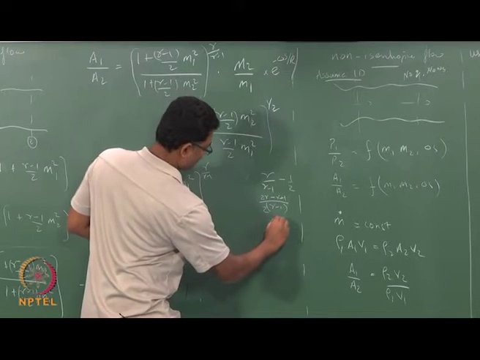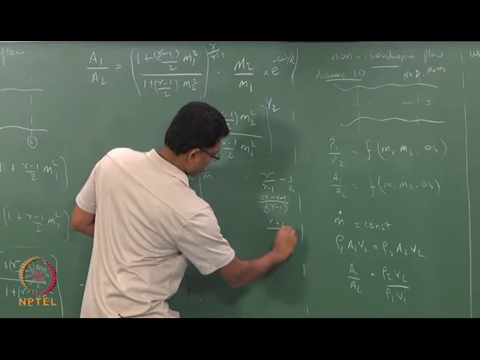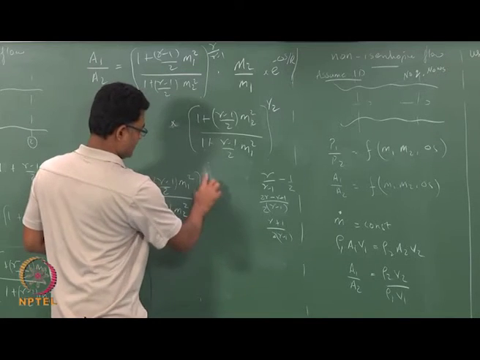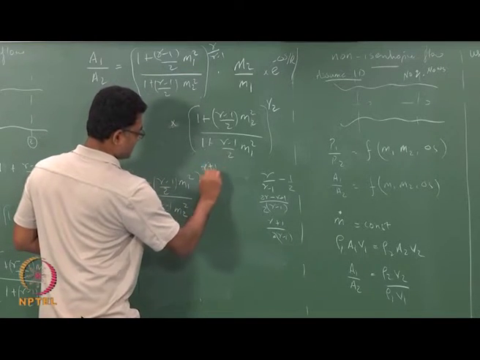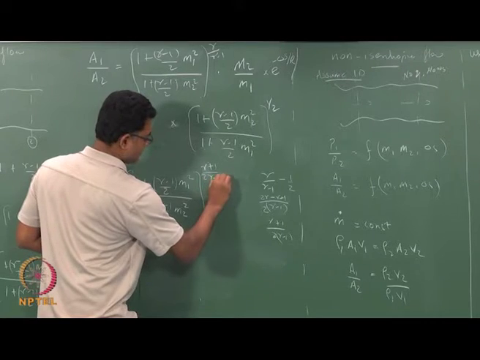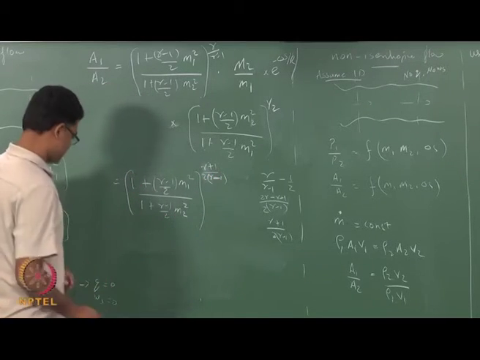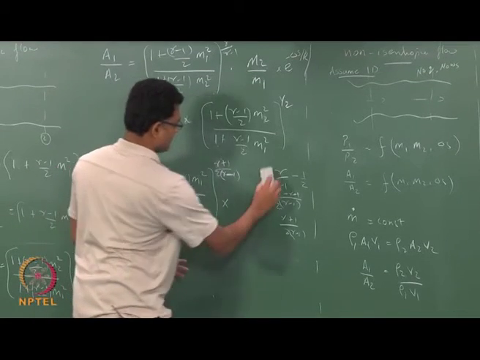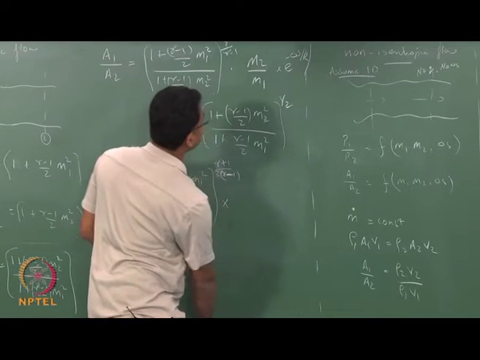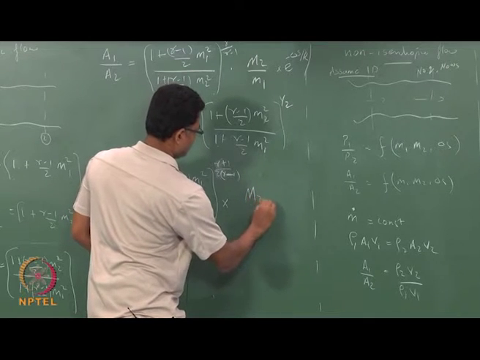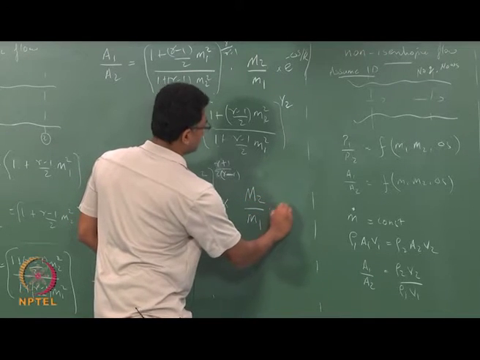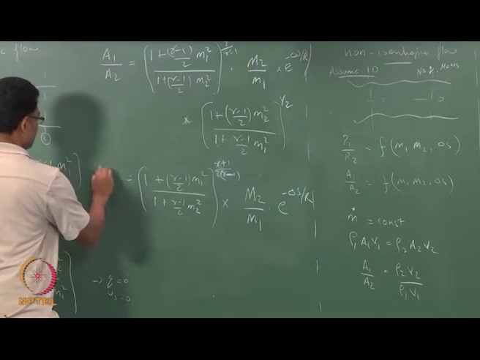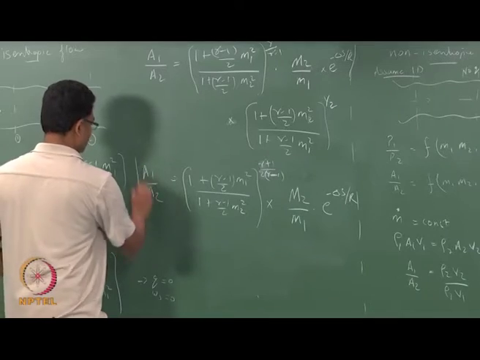So, this would be gamma plus 1 divided by 2 (gamma minus 1). So, this exponent is gamma plus 1 divided by 2 (gamma minus 1) into m2 by m1 into e power minus delta s by R, which is my A1 by A2.